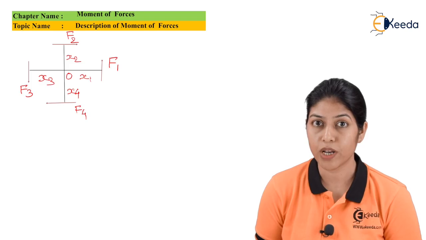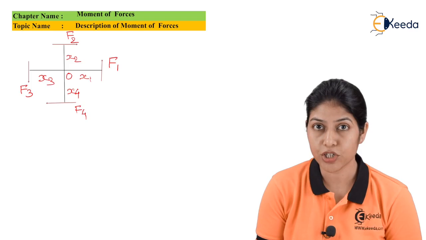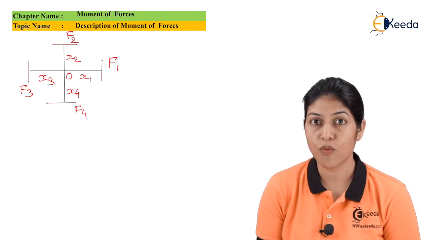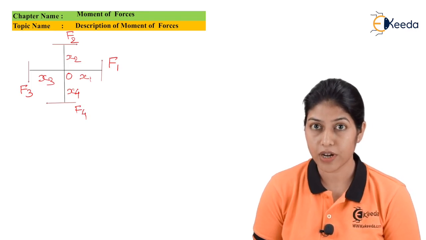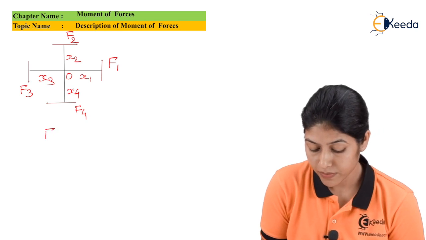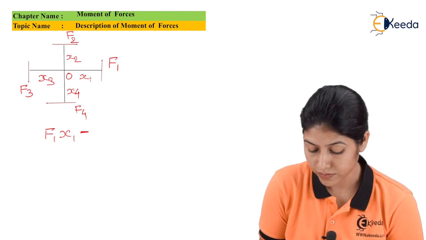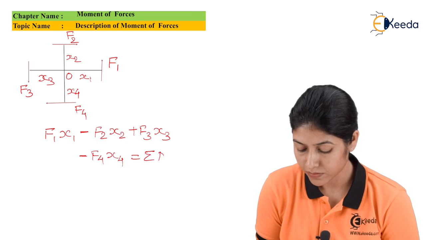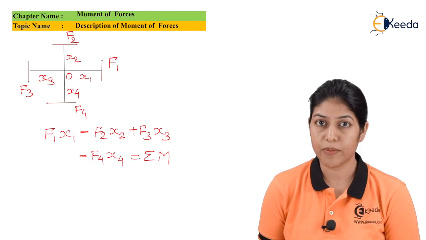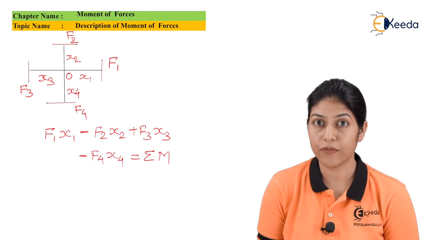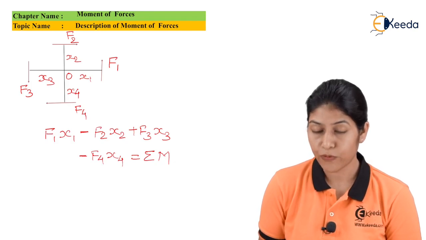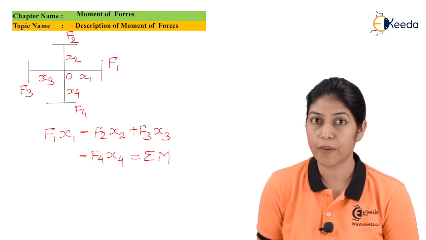So what will the total moment be? It is the summation of the moments of all these forces. So the equation will be F1 x1 minus F2 x2 plus F3 x3 minus F4 x4, which is equivalent to the summation of moment.